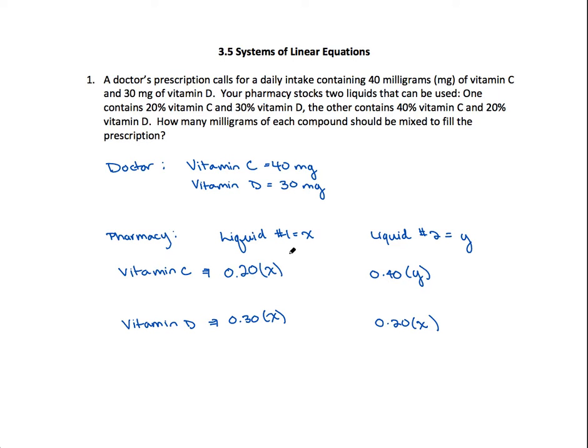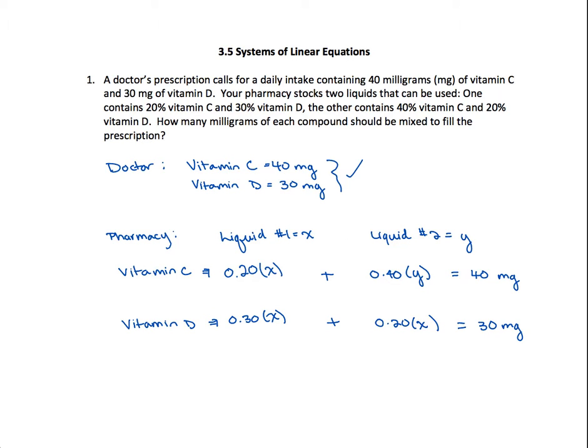When I combine liquid 1 and liquid 2, however many milligrams I take from each solution, I need to make sure that altogether I end up with only 40 milligrams of vitamin C. For the vitamin D, however many milligrams of the first liquid I combine with the second, together I need to gather only 30 milligrams of vitamin D to fulfill the prescription set by the doctor.